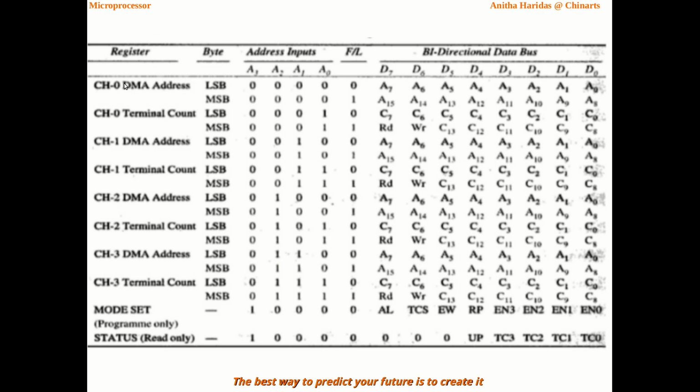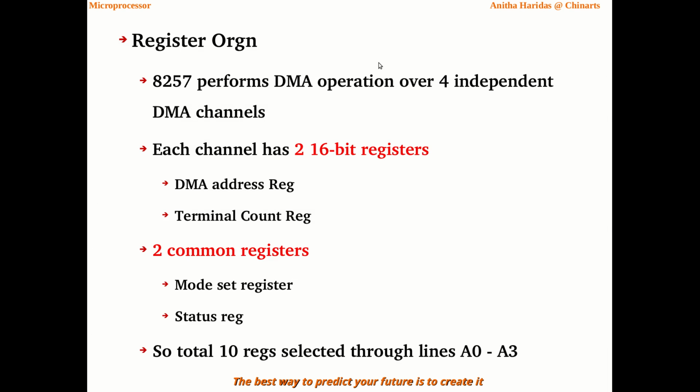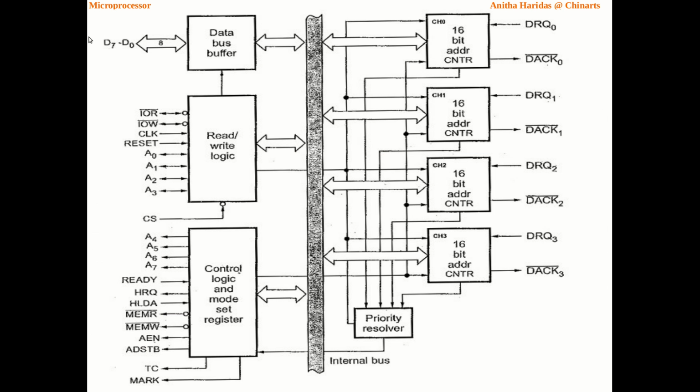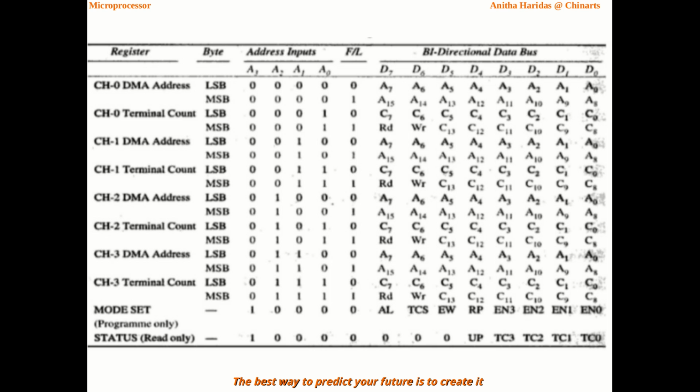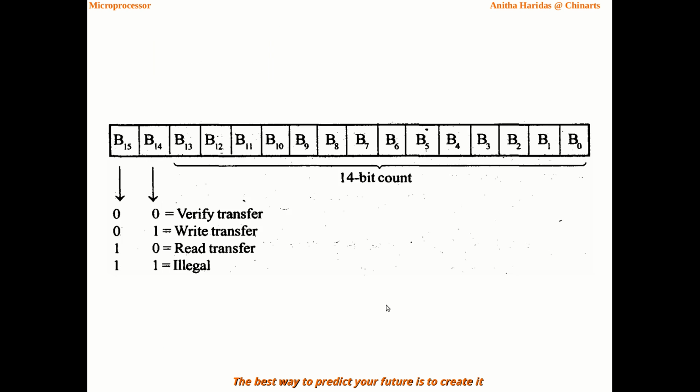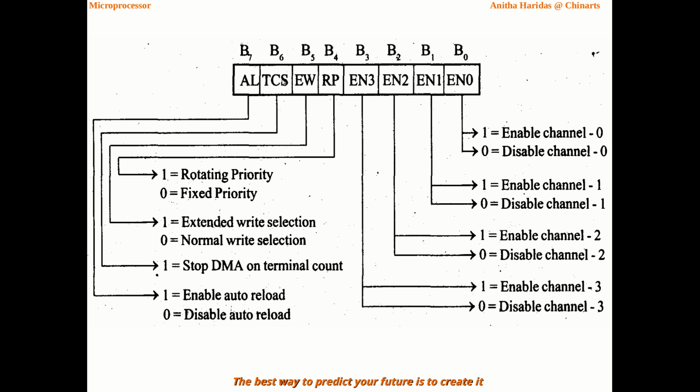By the time, the values in these 8 data lines, which are connected to the CPU, whatever data is coming in these 8 lines will be written into the mode set register in this order: bit 0 to bit 7. That is what we are seeing here.